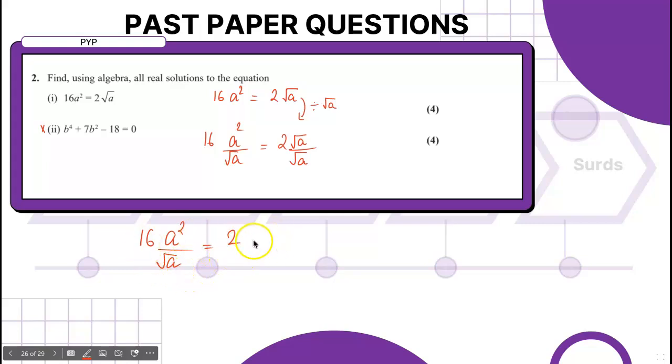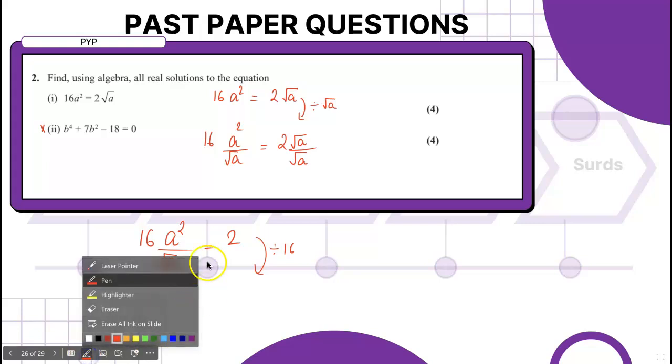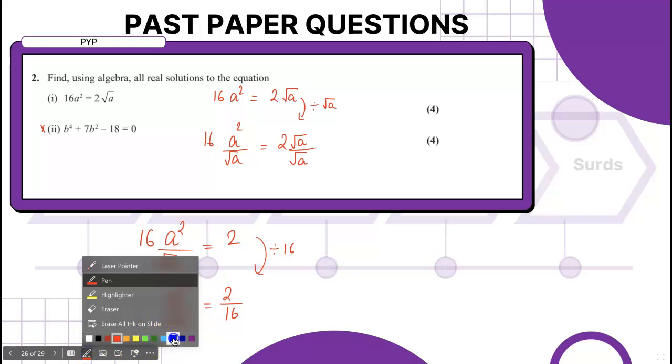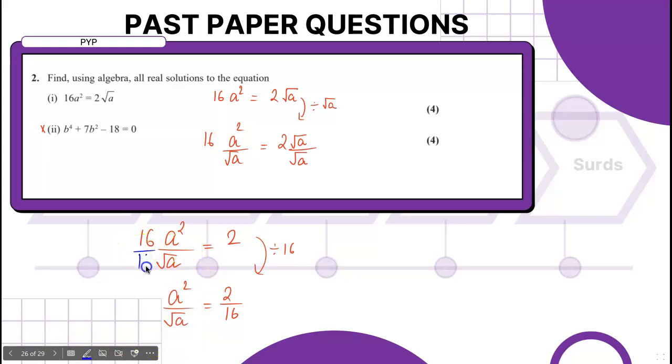Now what next step is? Next step is dividing by 16. If you divide by 16, that would give us a squared over square root of a equal to 2 over 16. Does that make sense? Dividing by 16, that would be cancelled and you will be having it there, right?